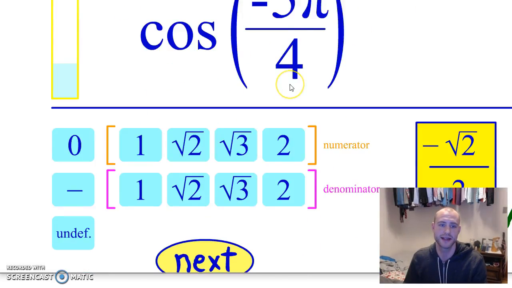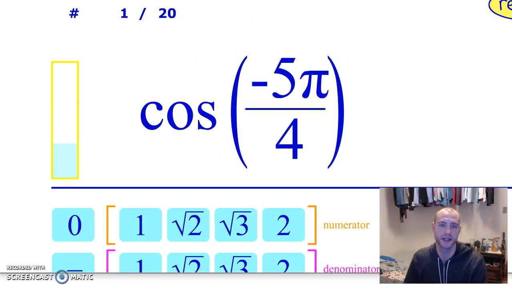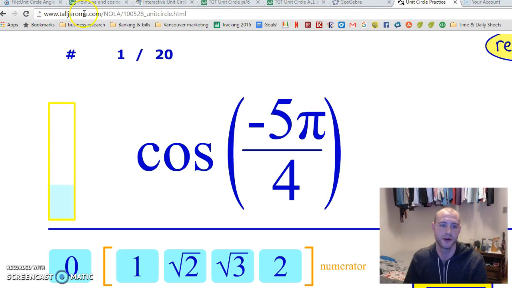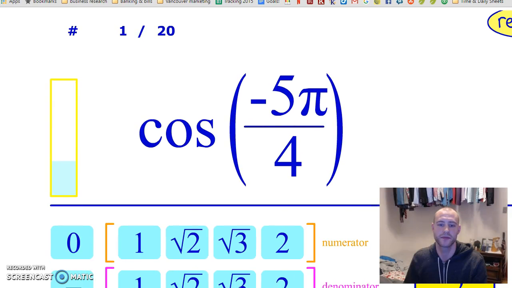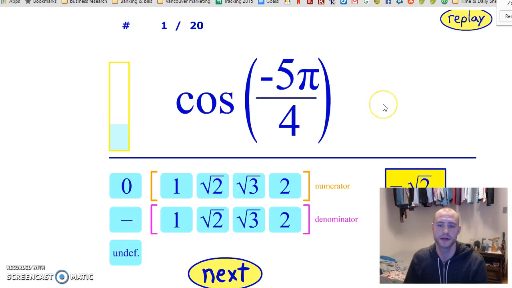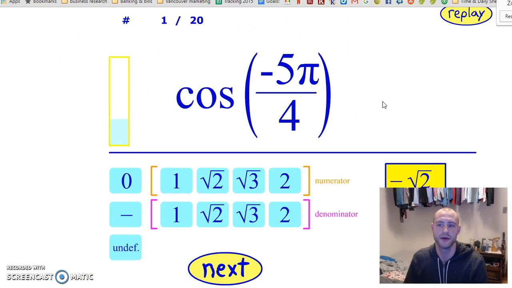My favorite one is this guy's. It's Tall Jerome. It's the second link there. It just gives you, it's kind of big right now. Let's see, there we go. So it gives you a value, and then you have to figure out where that is, which of the points that's referring to, and then you have to put in, in this case, the x coordinate.